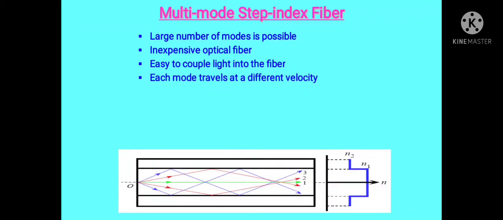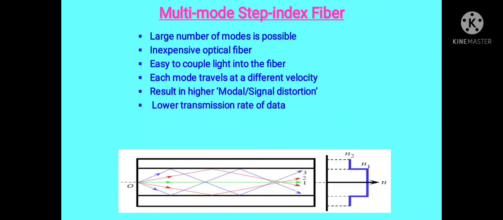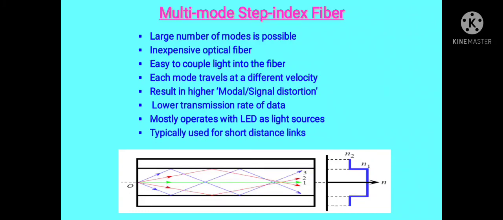In this case, each mode travels at a different velocity, and due to this, it results in high modal or signal distortion because all the light rays are not received at the same time at output. It has a lower transmission rate of data. In this case, it operates mostly with LEDs as light sources. Typically, this kind of optical fiber is used for short distance links.